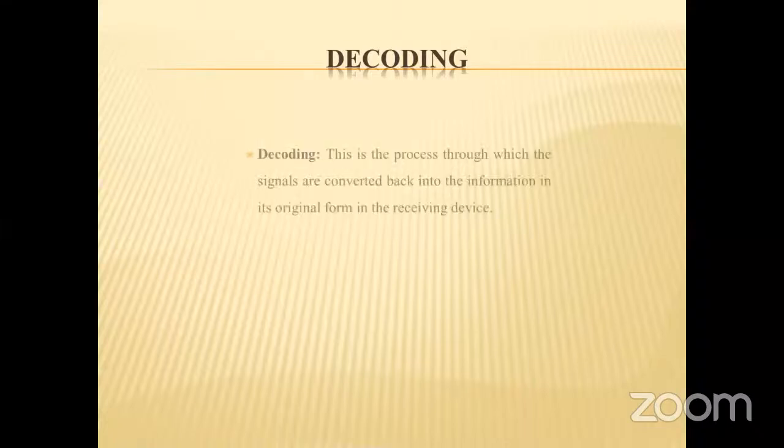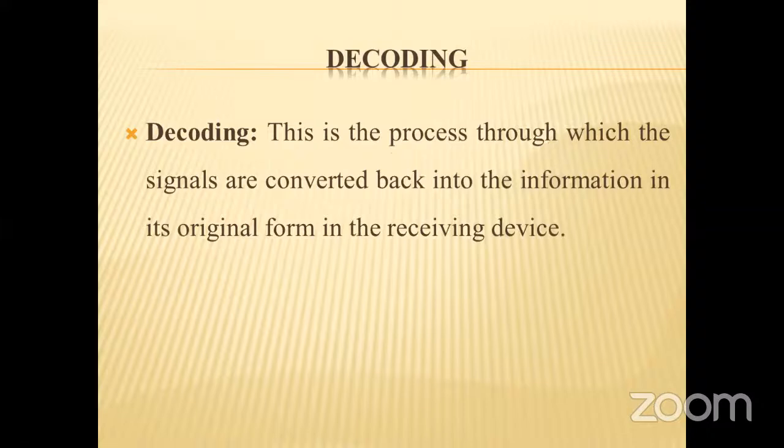So we are converting the signals back to the original version. That is, the process through which the signals are converted back into the information of its original form in the receiving device. So after converting the signals to the format the medium can read, after it is transmitted to the receiving device, it is going to be converted back to its original form, and that is decoding.